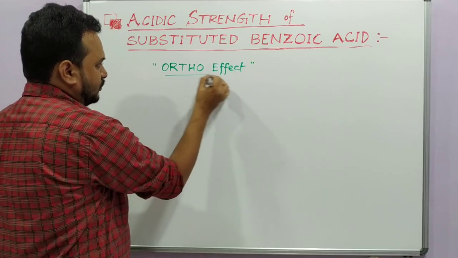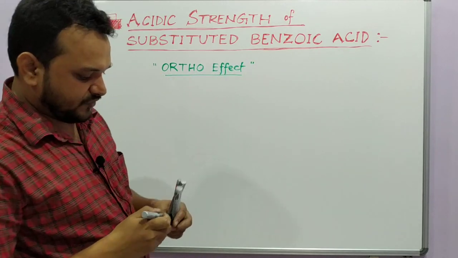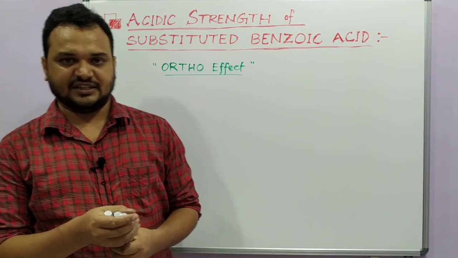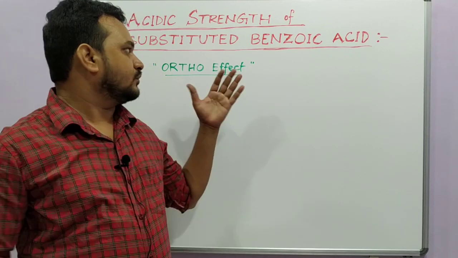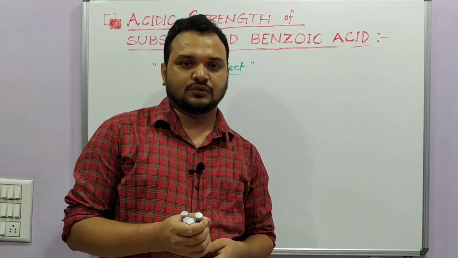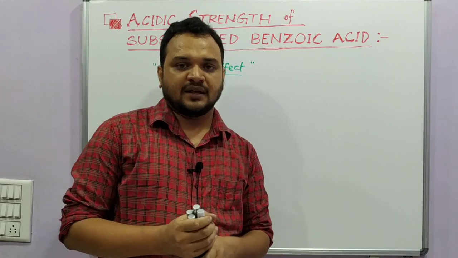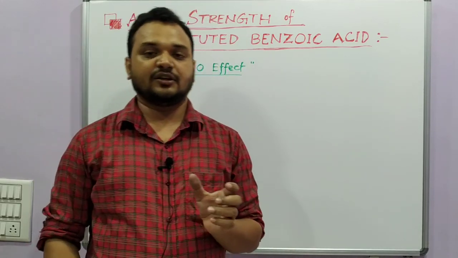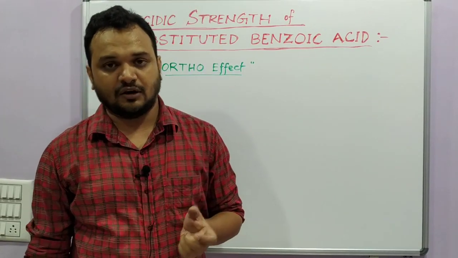To understand ortho effect, first we have to learn what steric interaction is, because if you don't know steric interaction you cannot understand ortho effect. As I said earlier, steric effect is nothing but the repulsive interaction because of scarcity of space.